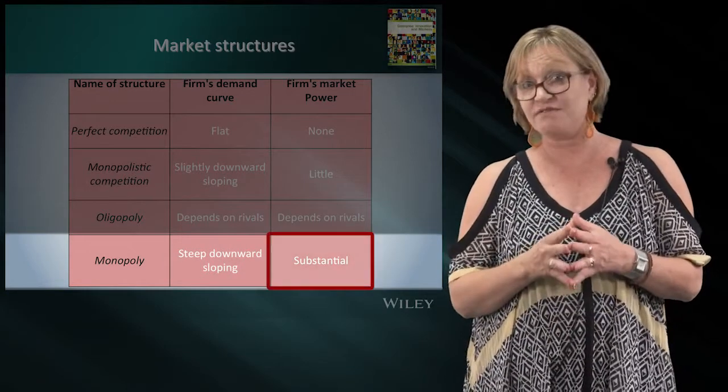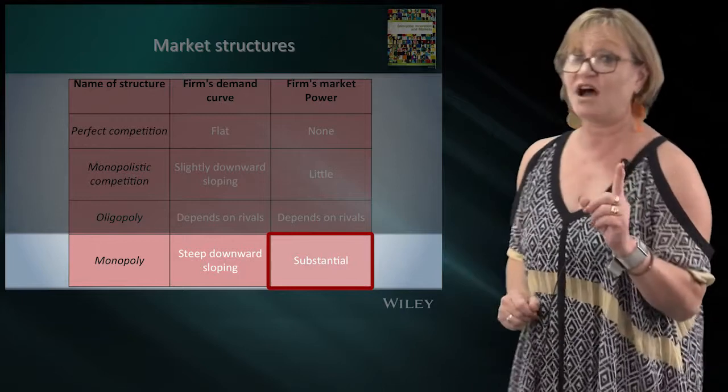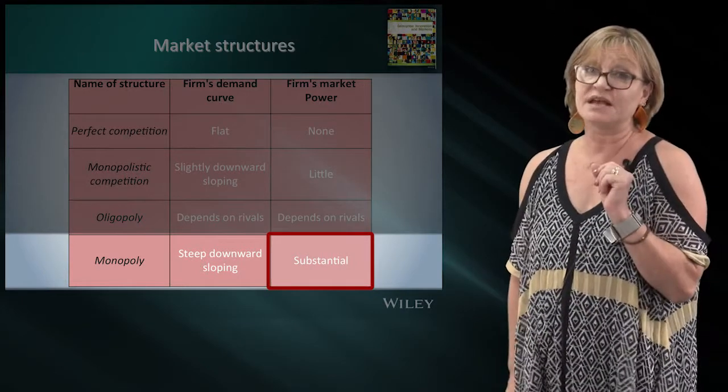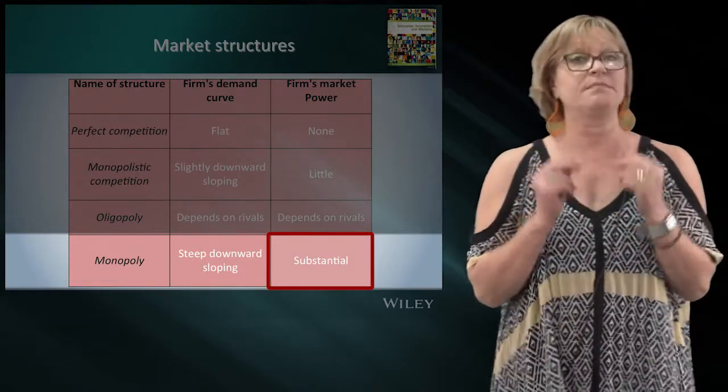As far as the power of the firm is concerned, as you can imagine, if I'm a monopoly, I've got no competitors in the marketplace. It's going to be pretty substantial. So that's it from me for market structures, and I hope I've made you curious and interested and really excited to know a whole lot more about this, because I'm going to hand it over to Ed now. Thanks, Ed.